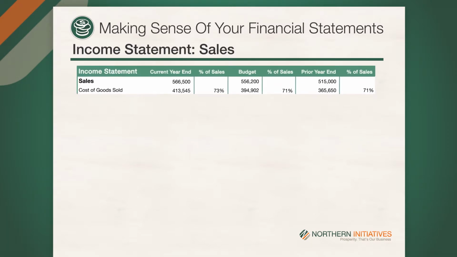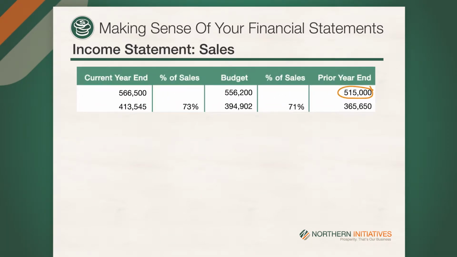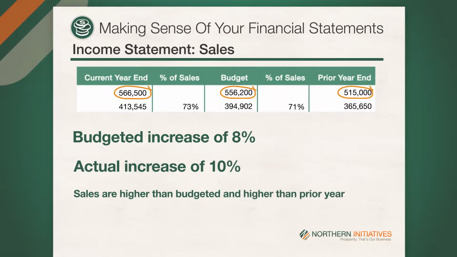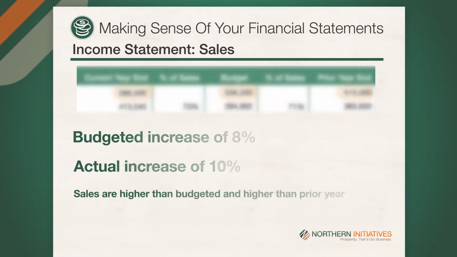Okay, so in our case study, sales were $515,000 in the prior year. The owner projected sales to increase 8% to $556,200. Actual sales for the current year are $566,500, which is 10% higher than the prior year. Sales are higher than budgeted and higher than the prior year.